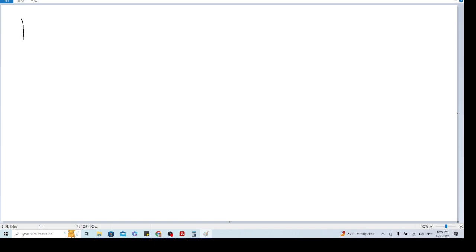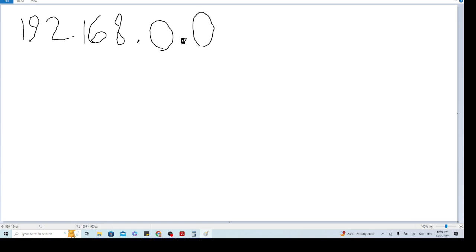Okay, I had 192.168.0.0/16 available. So for example, if I'm going to divide it into 4 networks, my third octet will start from 64.